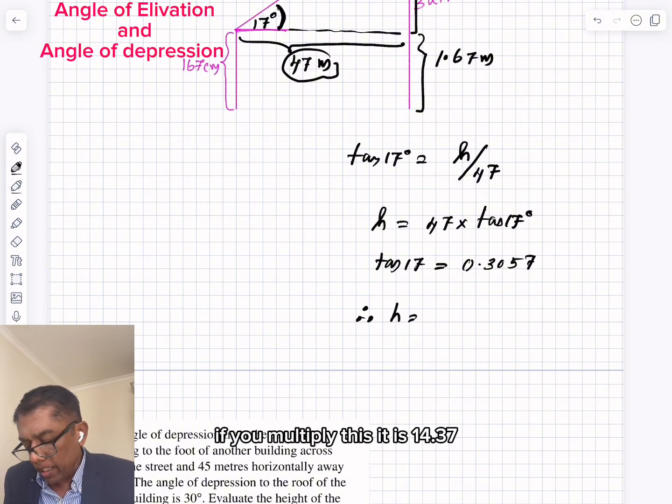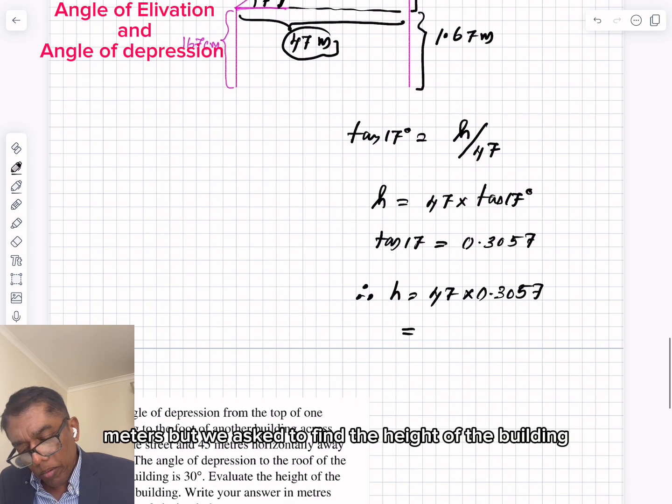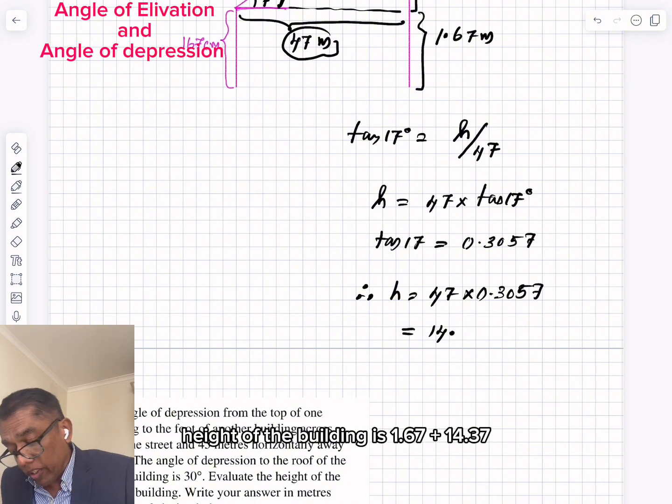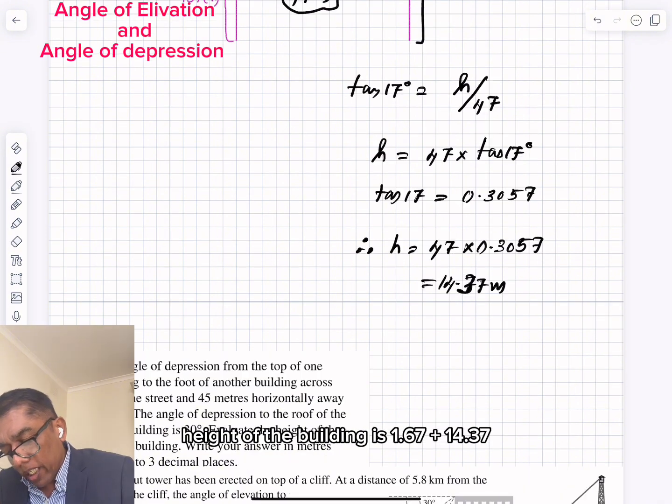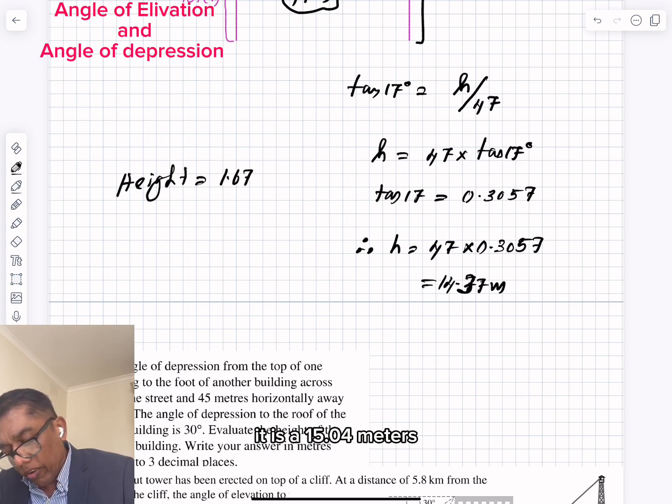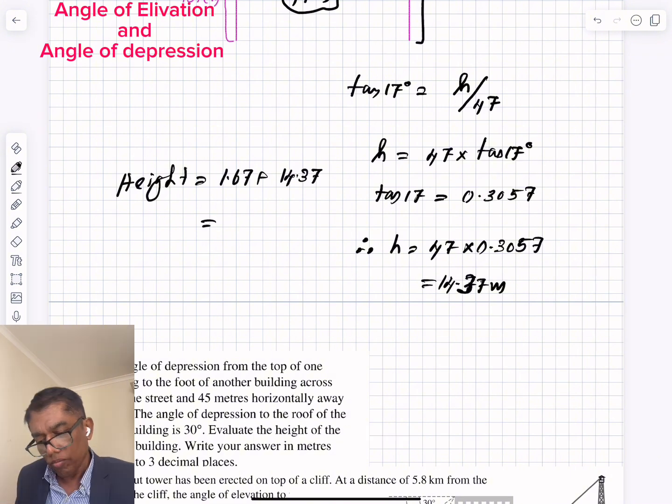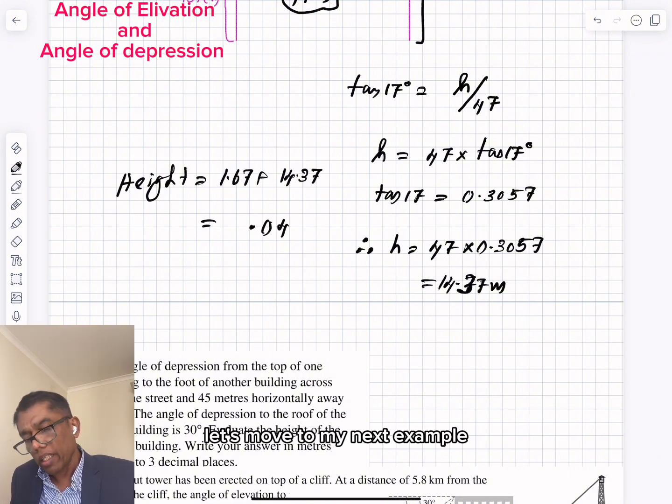If we multiply this, it is 14.37 meters. But we are asked to find the height of the building. Height of the building is 1.67 plus 14.37. It is 15.04 meters. Let's move to my next example.